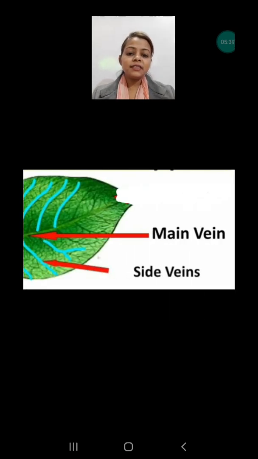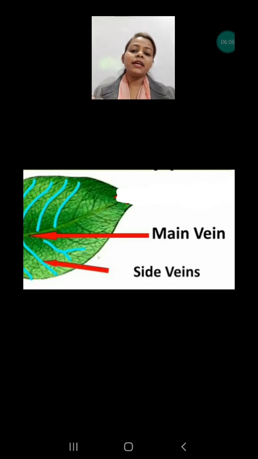The next is the side vein. What is the midrib? The midrib is also a vein, but it is a little thick, a little broad like a pipe, and it is present in the center of the leaf. But the side veins are little, like branches, as you can see in the picture. The middle one is a vein and the side ones are also veins. Both are veins, but in the middle it is the main vein.